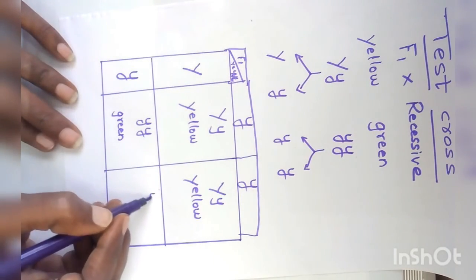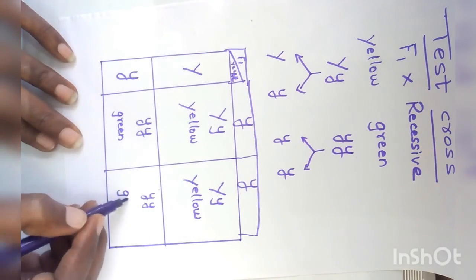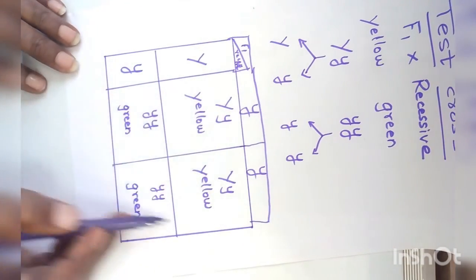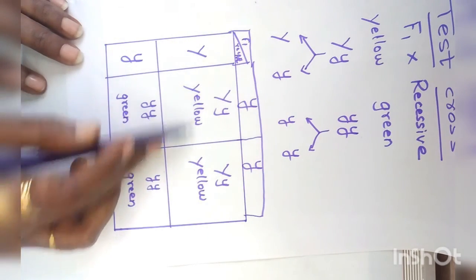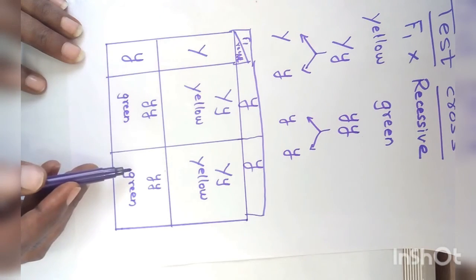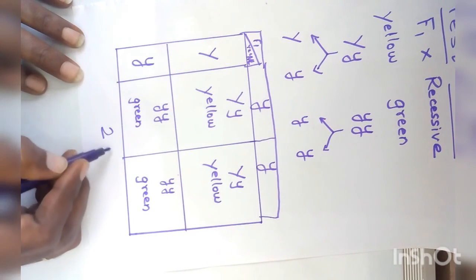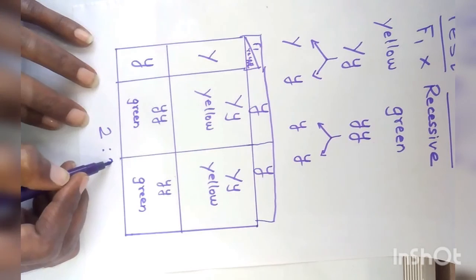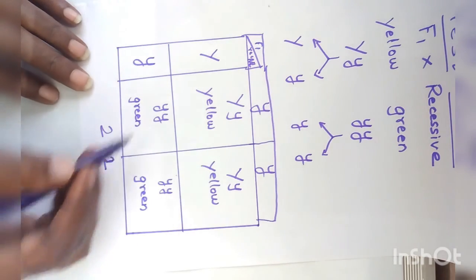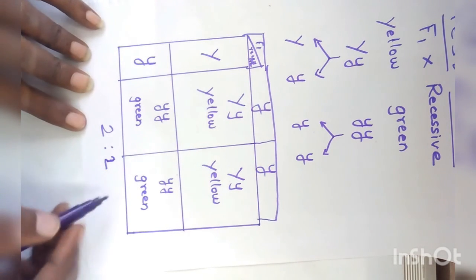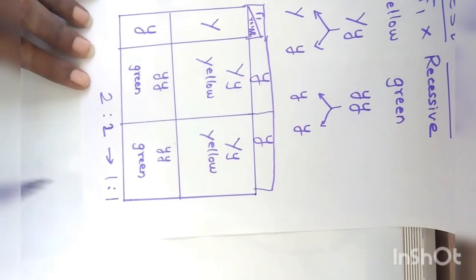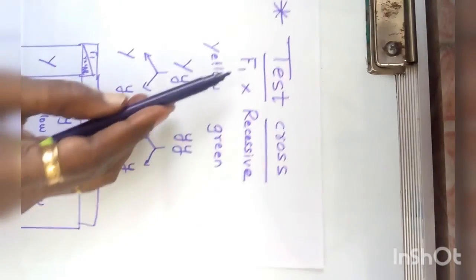Again small y crossed with small y. The plants will have green color seeds. So in the checkerboard, two plants are having yellow color seeds while the other two plants are having green color seeds. So 2:2. 2 are yellow and 2 are green. If we reduce it, it becomes 1:1. So this is the ratio for test cross.